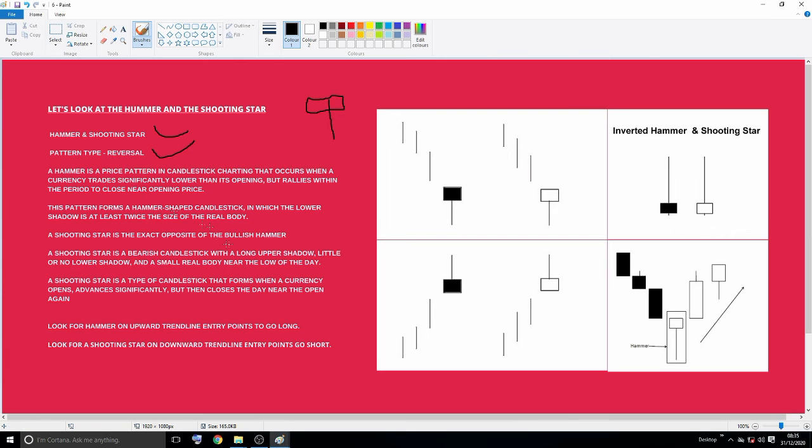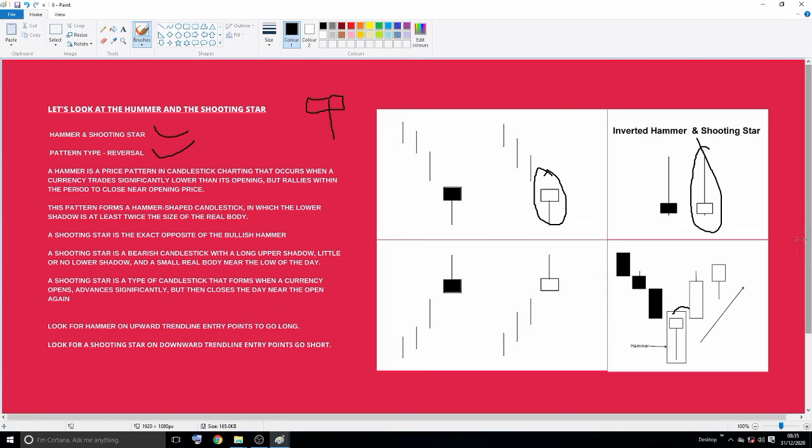A shooting star is the exact opposite of a bullish hammer. Alright, so this is the hammer, and this is the shooting star. A shooting star is a bearish candlestick with a long upper shadow or no lower shadow, and a small real body near the low.